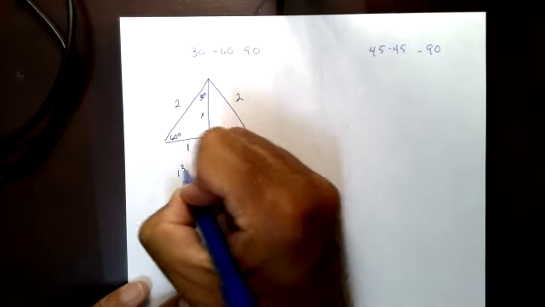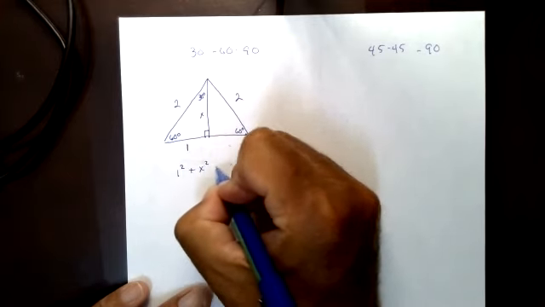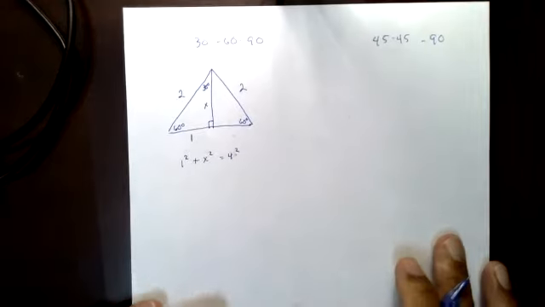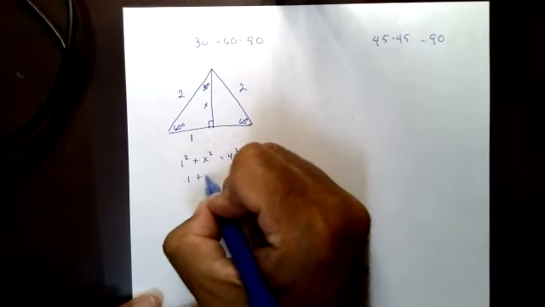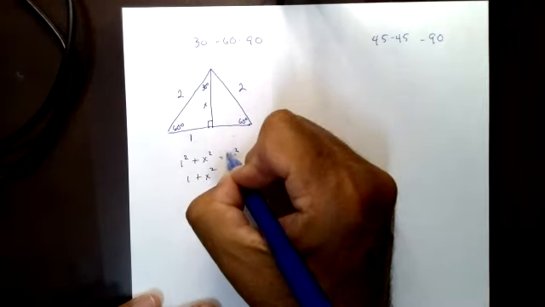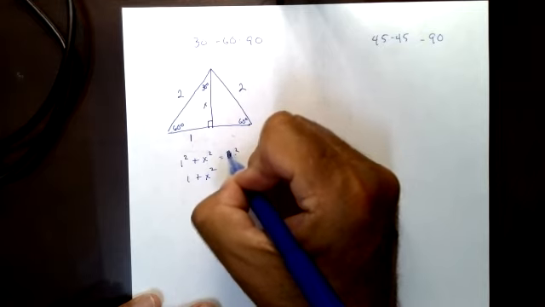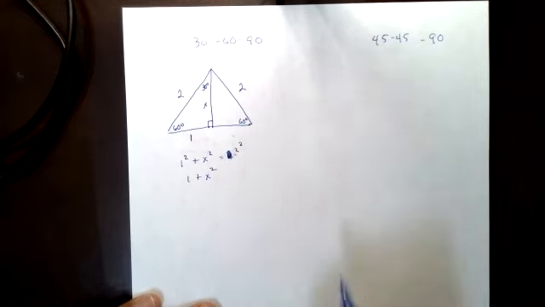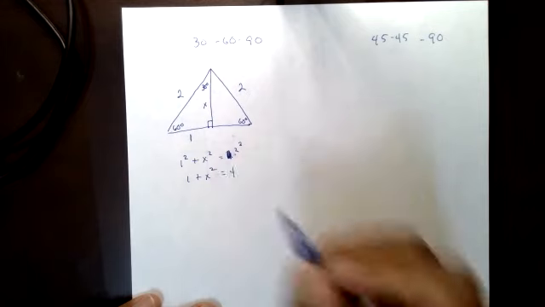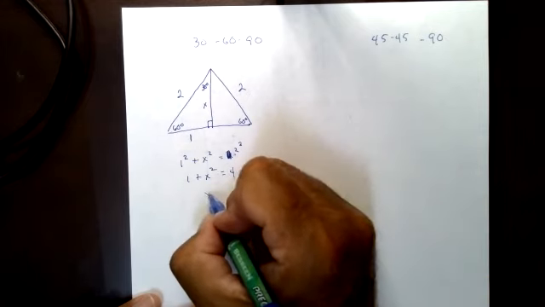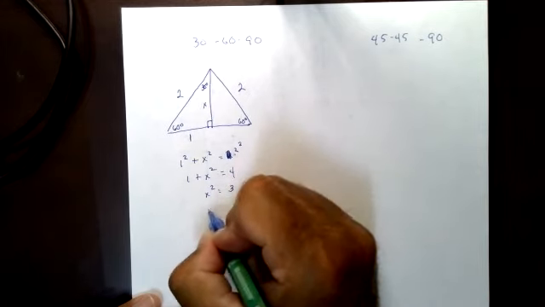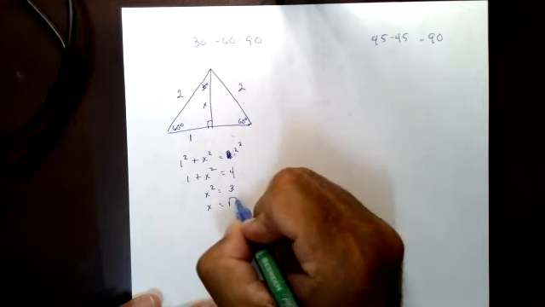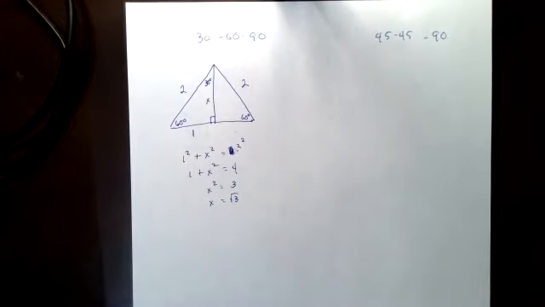Pythagorean Theorem says 1 squared plus x squared equals 2 squared. Excuse me, this is a 2. Hope nobody got too excited. 2 squared, how's that? Yeah, so this now equals 4. Subtract 1 and take the square root of both sides, and I finally get x is the square root of 3.